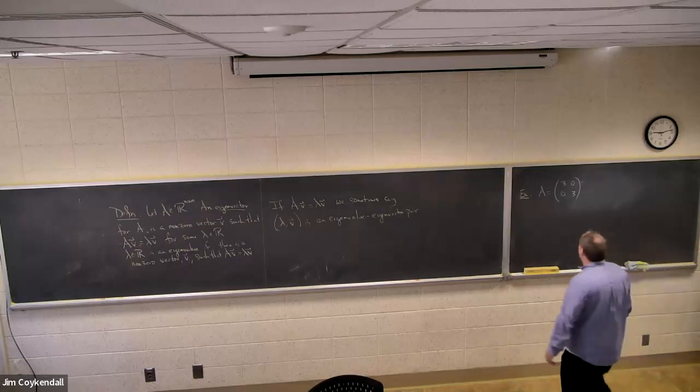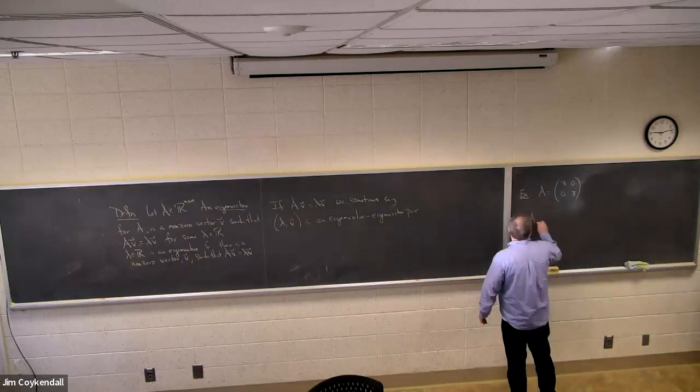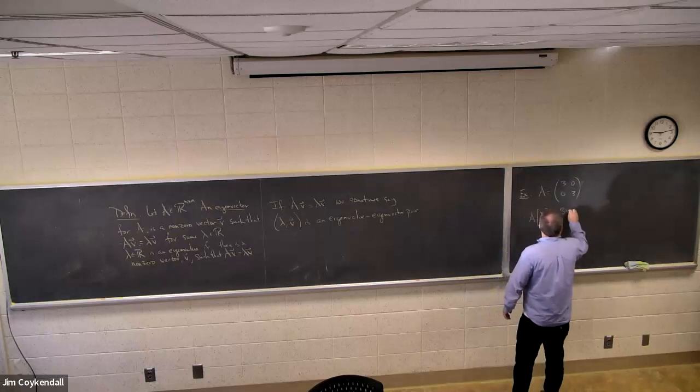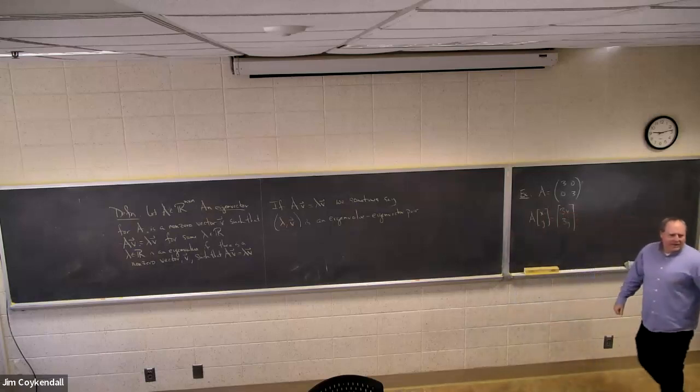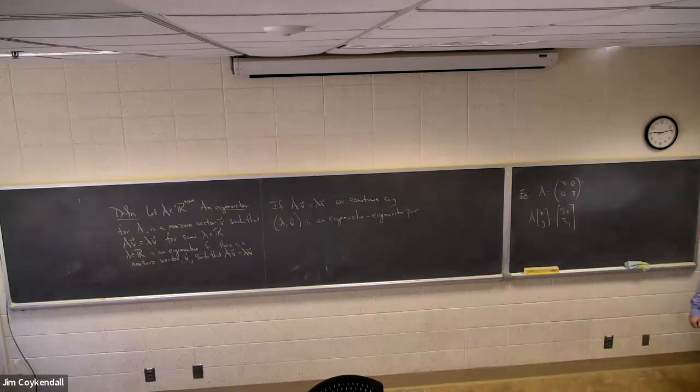Let me point something out, and this one's kind of easy to figure out. This matrix is all fancy, and I feel very important about myself, but the matrix is actually just multiplication by 3, right?